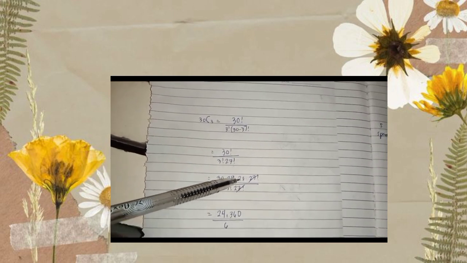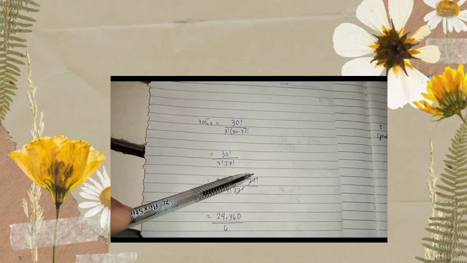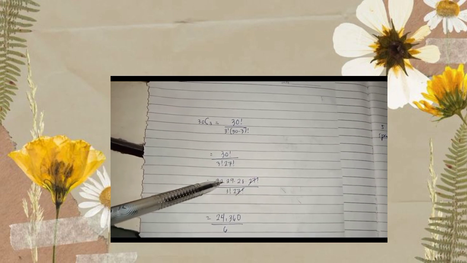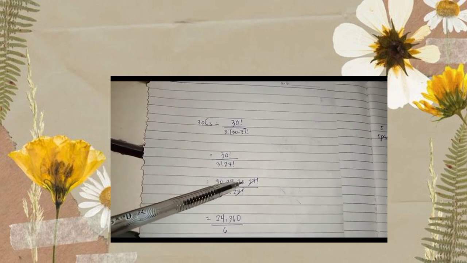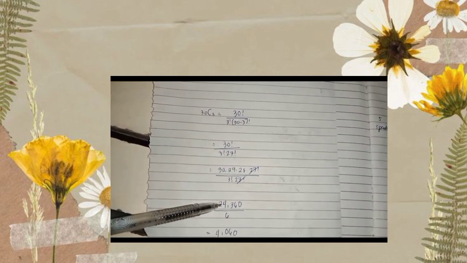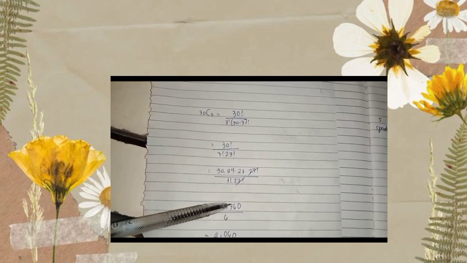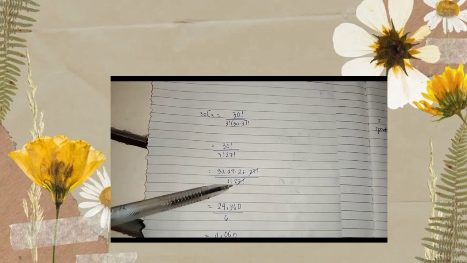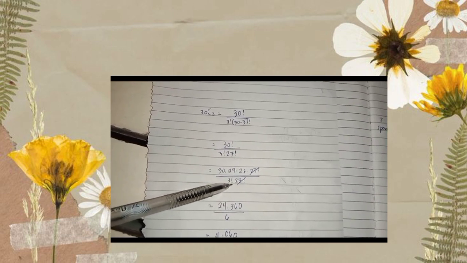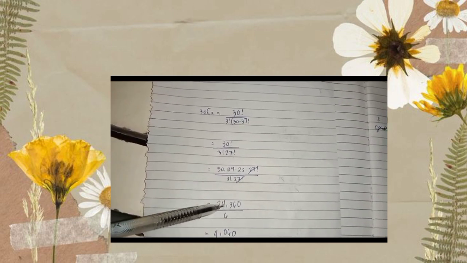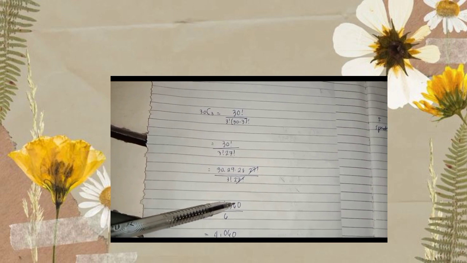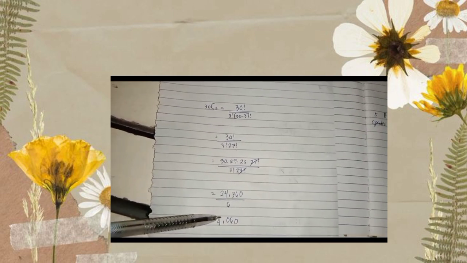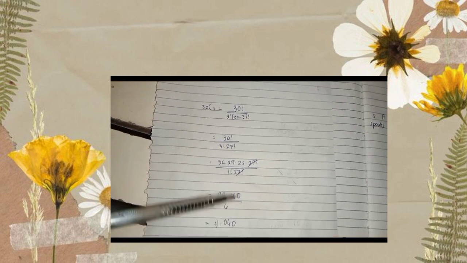Then eliminate 27 factorial and 27 factorial. Then 30 times 29 times 28 is equal to 24,360. Then 3 times 2 is equal to 6. Then divide 24,360 by 6, which is equal to 4,060.